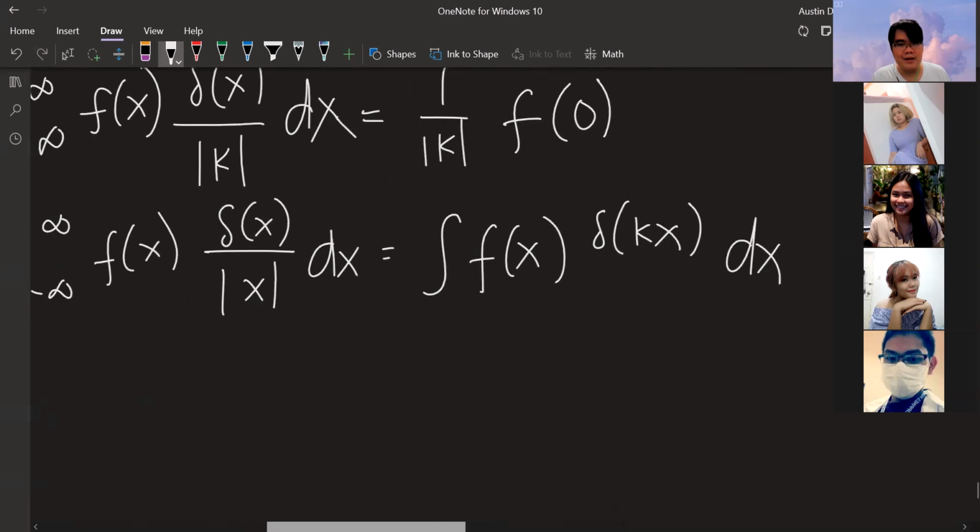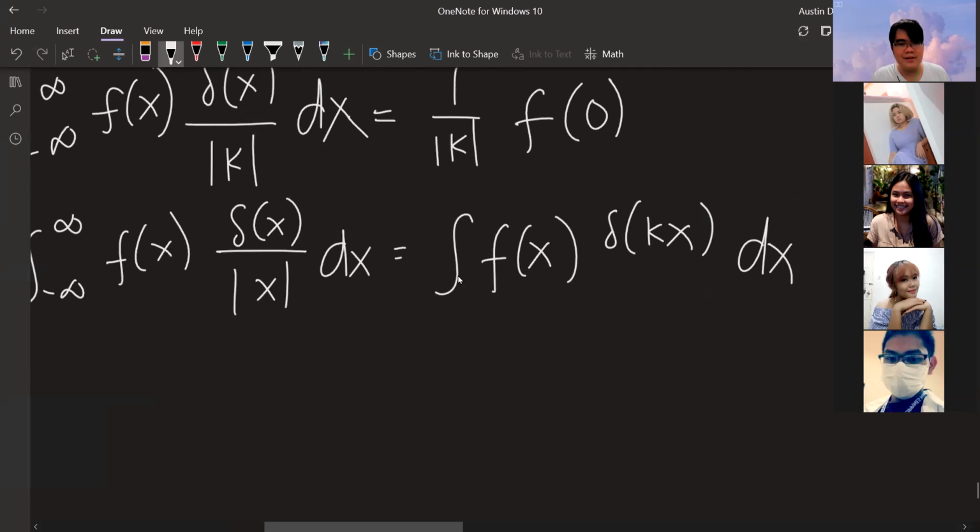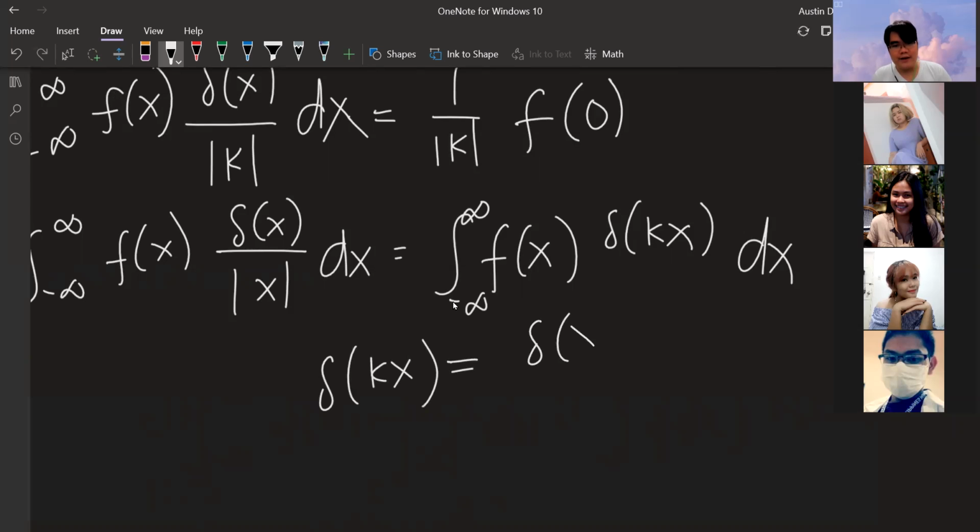And kapag in-eyeball natin to, since may pantay yung integration bounds mo, pantay si f of x, pantay si dx. This gives us that the Dirac delta of kx is just equal to the Dirac delta of x over k pala to dapat.